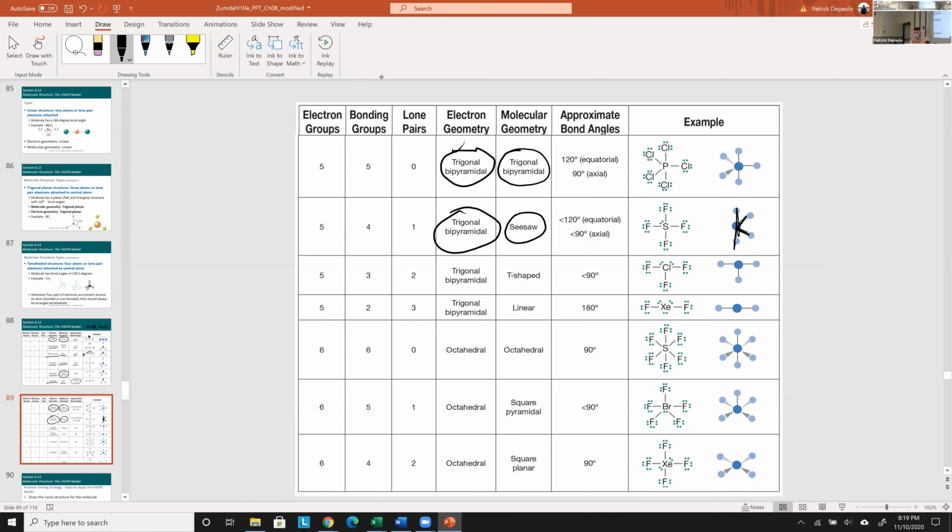Next one is, let's take away another atom and put in another lone pair. So electron geometry, still trigonal bipyramidal. And then you end up with T-shaped. With T-shaped, these electron pairs will now bend the structure even more in such a 3-dimensional way that it will end up like a T. So yeah, that's T-shaped.